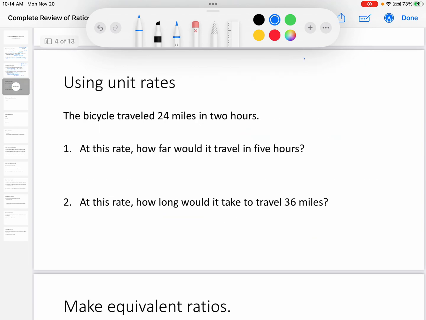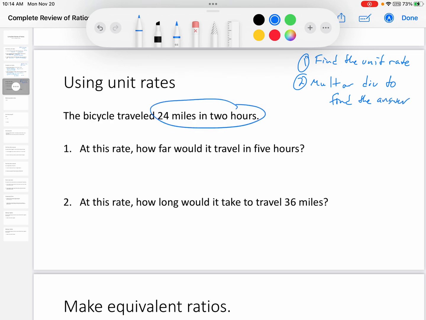Using unit rates. Step 1, find the unit rate. Step 2, multiply or divide to find the answer. Okay?